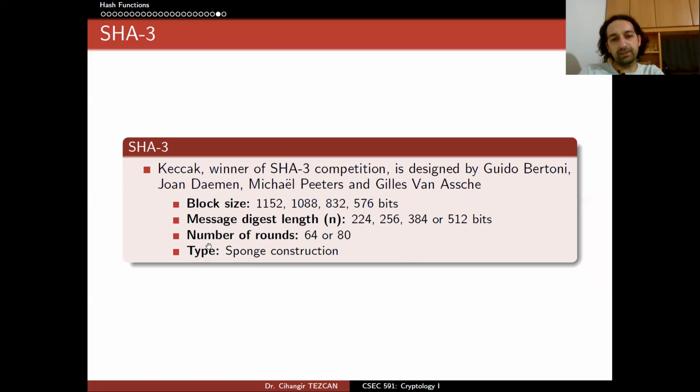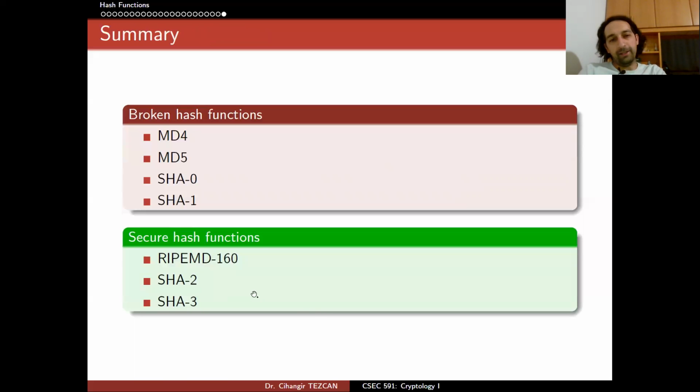And the good thing is that its design is very different from the previous hash functions like MD5, SHA-1, or SHA-2. It is not a Merkle-Damgard construction, but a sponge construction. But it is kind of complicated to have a single picture of it. If we want to summarize, a lot of hash functions are broken, and the broken ones are MD4, MD5, SHA-0, SHA-1.